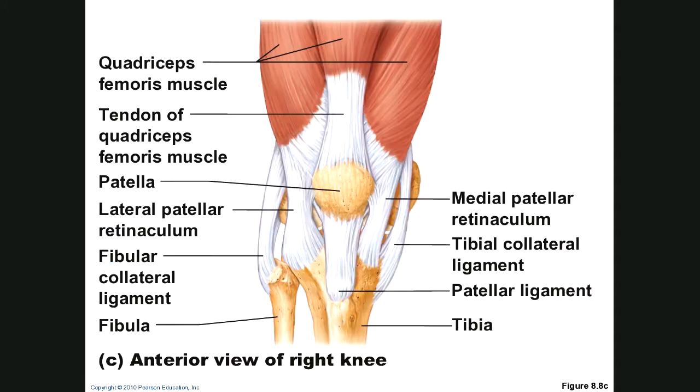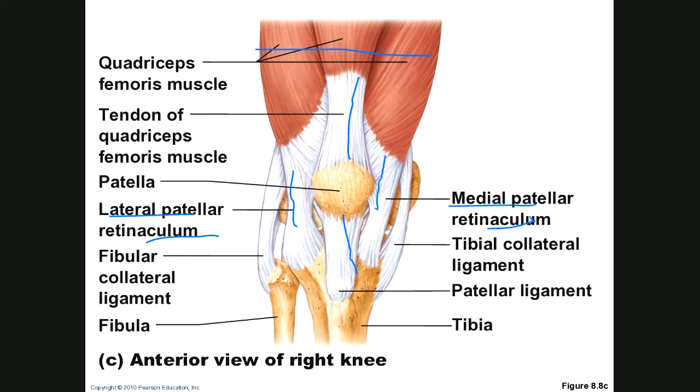Here we have our quadriceps femoris here. This is the tendon of the quadriceps femoris. It's going to go down here to your patella, and then you've got your patellar ligament here. Now, this is the lateral patellar retinaculum right here. This is the medial patellar retinaculum here.